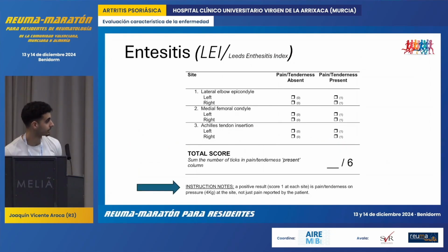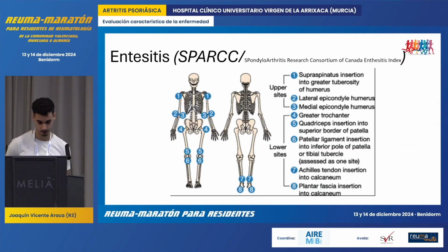They even go as far as to give specific instructions, saying that it's not just about the patient reporting pain, but that they must show pain in response to a pressure of 4 kilograms, which I found interesting, 4 kg. Apparently, that's roughly the amount of pressure needed to make the fingernail blanch. So if the nail blanches and the patient complains, then you score 1 point. Logically, it ranges from 0 to 6, and the more points the patient has, the greater the enthesitis involvement.